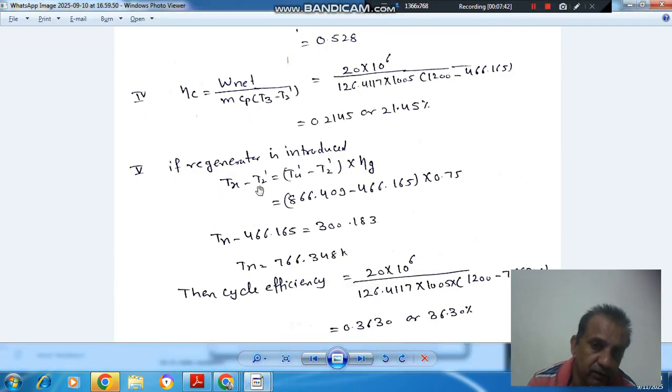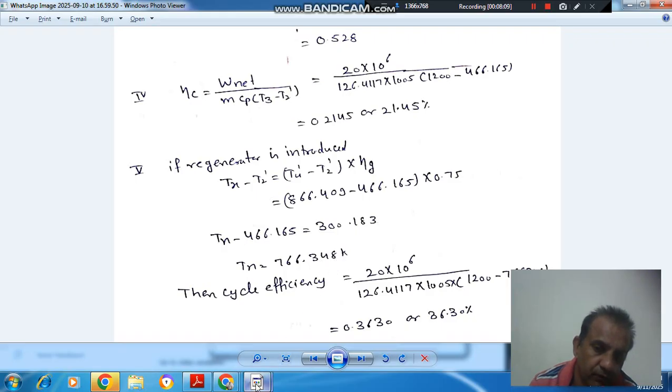So Tx minus T2 dash is the actual temperature rise, and T4 dash minus T2 dash is the ideal temperature rise. If we multiply the ideal temperature rise by the regenerator efficiency, this will be Tx minus T2 dash, and since T2 dash is known, Tx can be calculated.